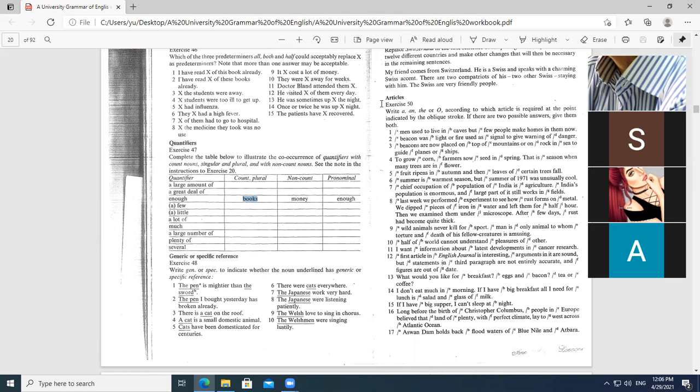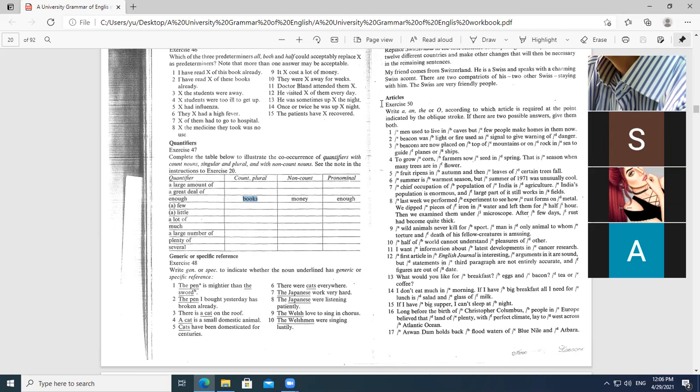Should it be on top or on the top? Both are correct. We can say on top or on the top.